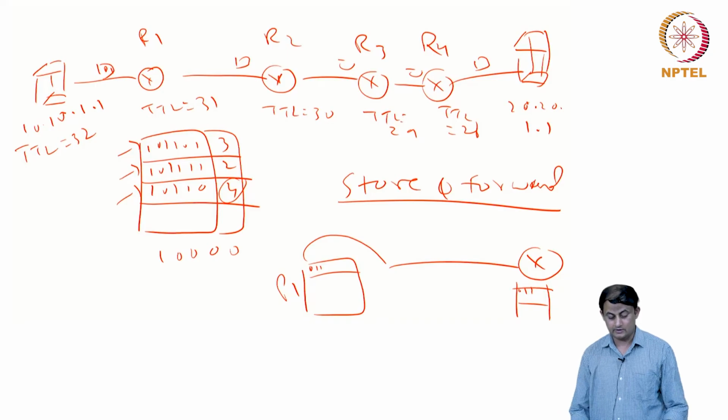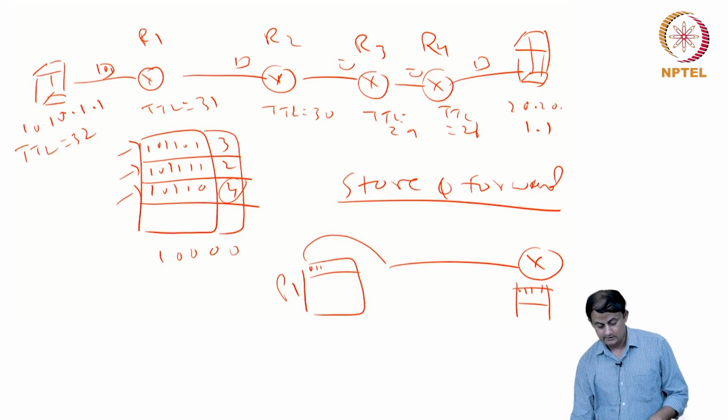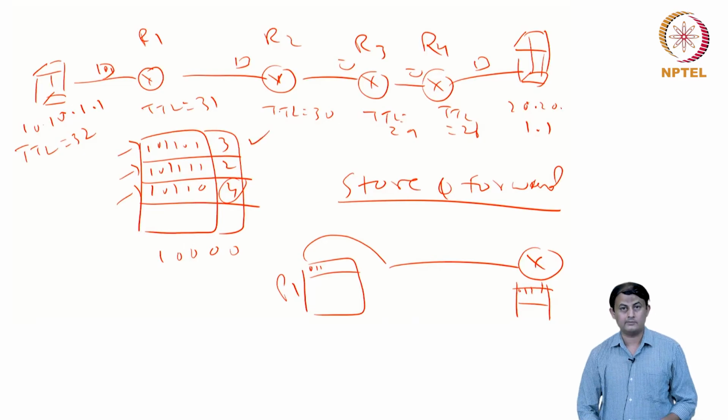The 32 bits corresponding to the destination IP address should come, and only then will you be able to do the comparison. So at every hop, the storage operation is happening. You receive a packet, store it, then pick up the bits from this buffer, go and consult this routing table, and then decide where to forward.